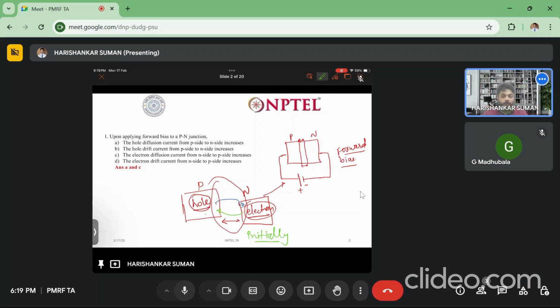So this is called diffusion. And this current is known as diffusion current, due to the concentration gradient.